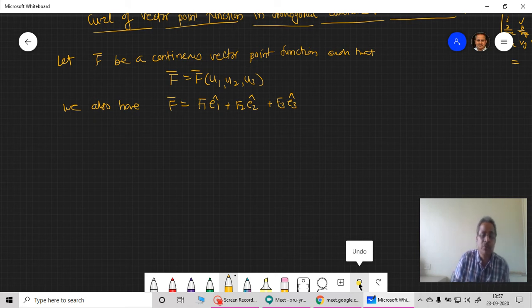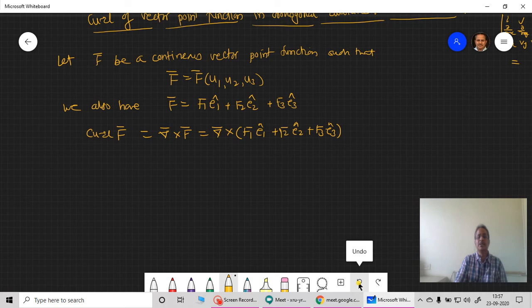Now we know curl f bar, or curl f, is written as del bar cross f bar. This is a cross product of the vector differential operator and the given vector function. So this can be written as del bar cross, and here I can use the second equation, f1 e1 cap plus f2 e2 cap plus f3 e3 cap. I have not done anything, only written this f bar here.